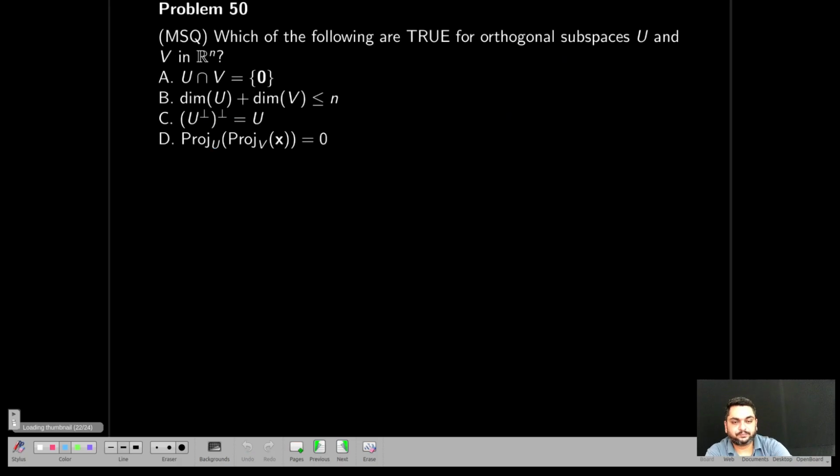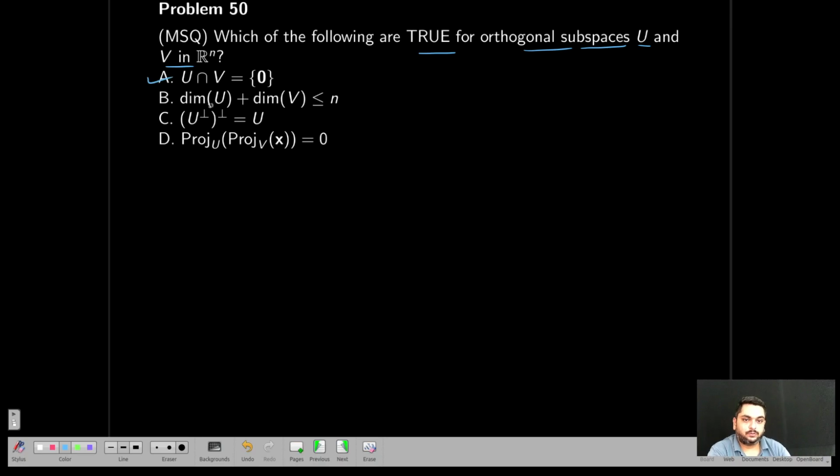Okay. Next. Which of the following are true for orthogonal subspaces U and V? U intersection V is equal to null. What does it mean? Since they are orthogonal, there is no intersection.